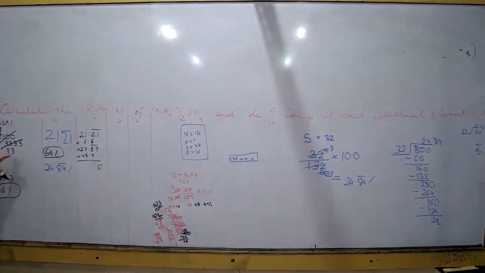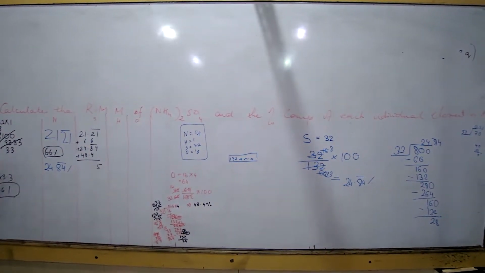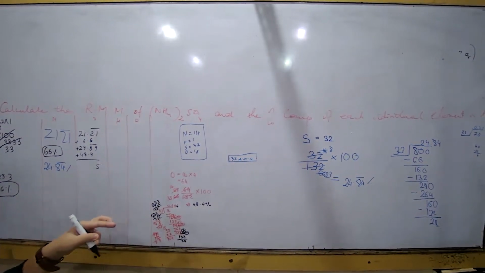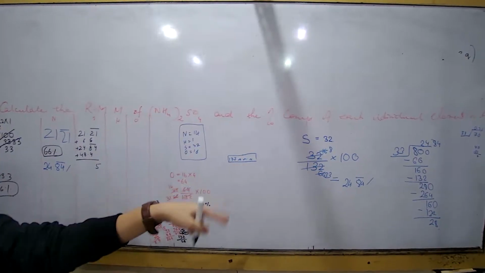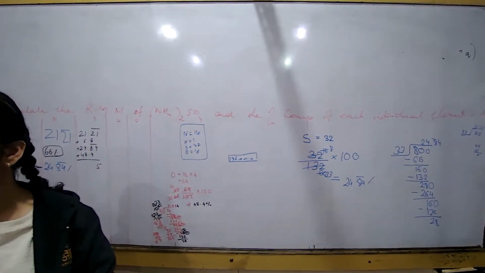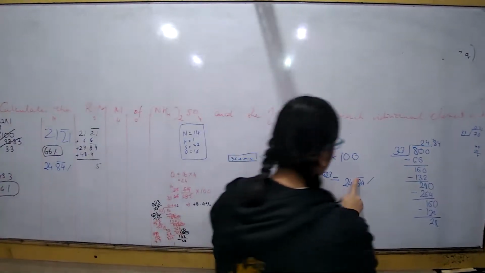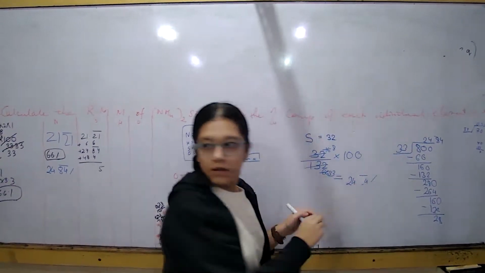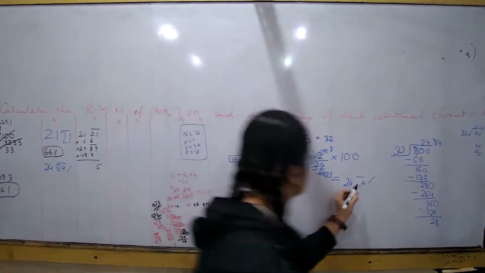Next one was sulfur. Sulfur is 32, divided by 132, into 100. That is 24.24. Zero 6.06. 24.24.